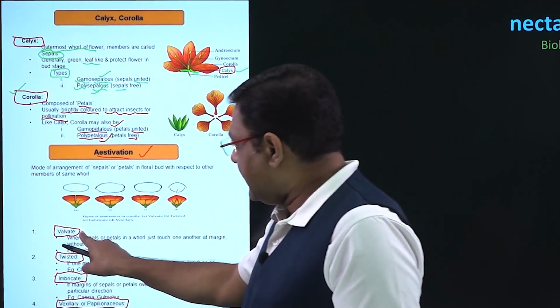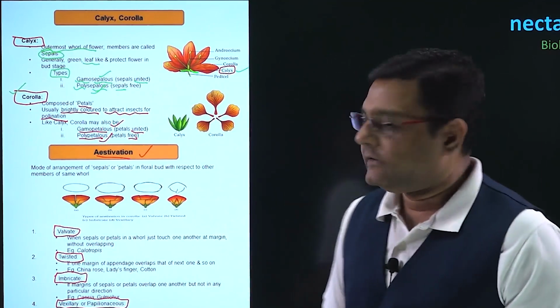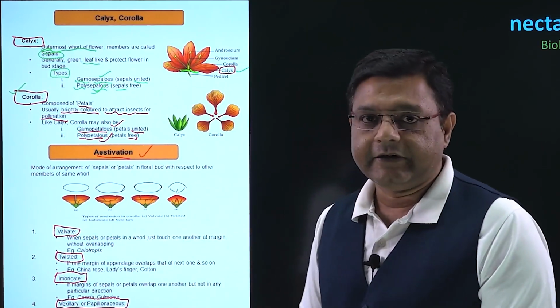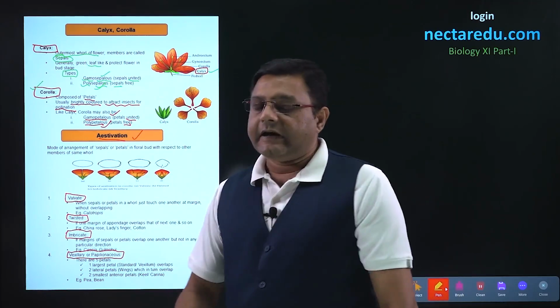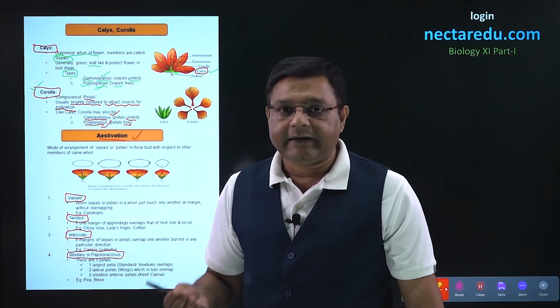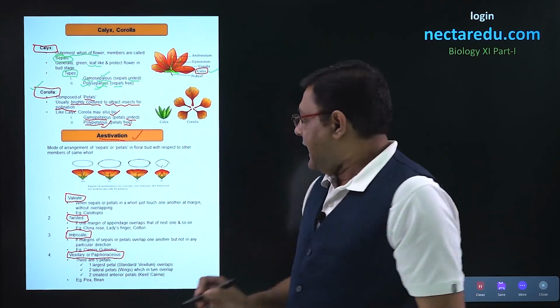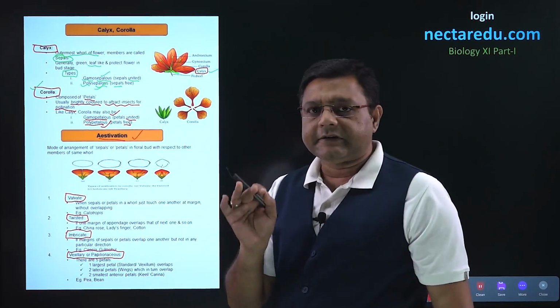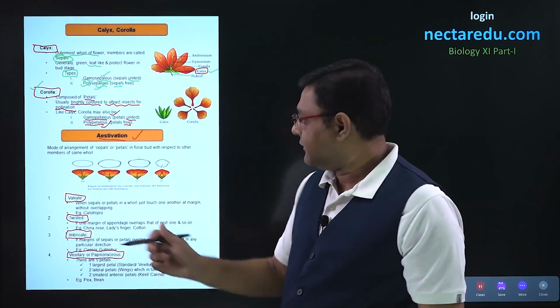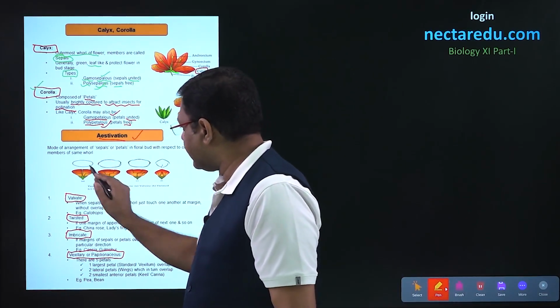Now, the first type, that is the valvate condition. In the case of valvate condition, we can talk about either sepals or petals. Petals will be present in a whorl and they will just touch each other at margin. So, we can see this particular diagram.